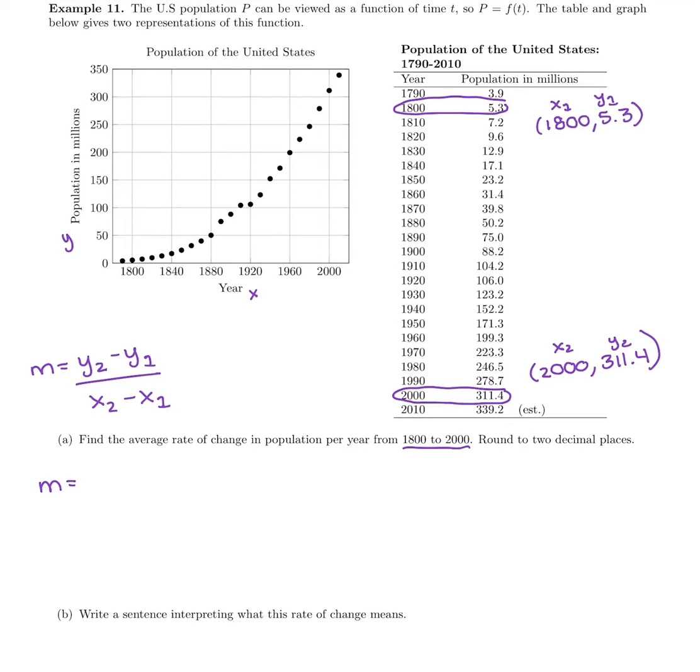So y2 is going to be this 311.4 minus y1 is the 5.3. So I'm going to do 311.4 minus 5.3, difference in y's, over, now I need to look at the x values, so difference in x's. So 2000 minus 1800.